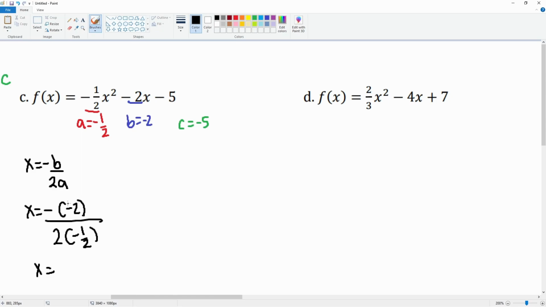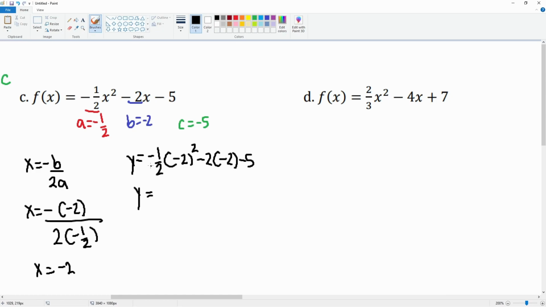So on top, it's negative times negative 2. Then divide by 2 times negative 1/2. Okay, and I get the value of negative 2 here for the x. Plug it back into the y. So y is equal to negative 1/2 times negative 2 squared, minus 2 times negative 2, minus 5.